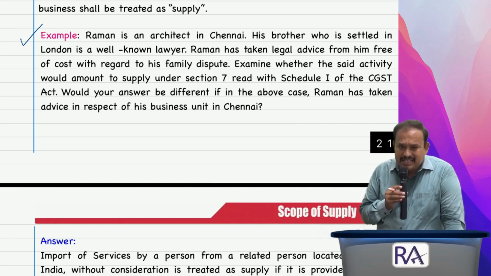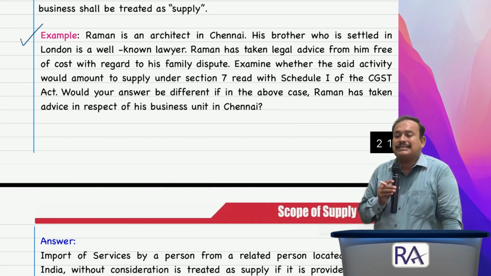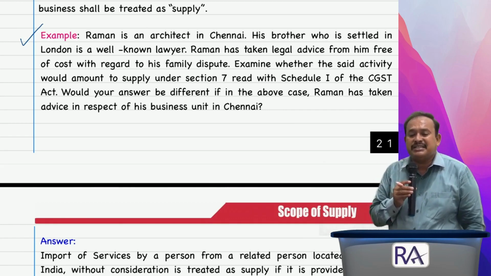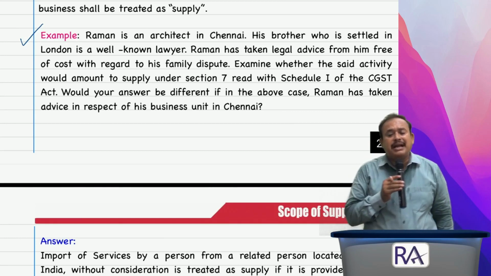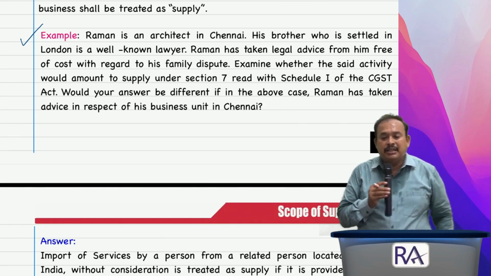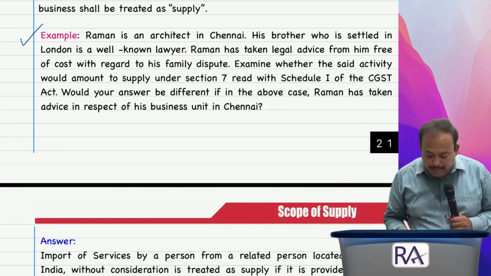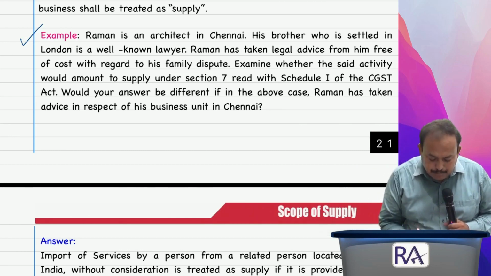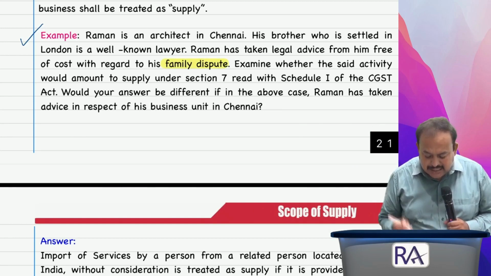Examine whether the said activity would amount to supply under section 7 read with Schedule 1 of the CGST Act. Would your answer be different if, in the above case, Raman has taken advice in respect of his business unit in Chennai? So the first one is a family dispute, meaning personal purpose imported services. Second is business purpose imported services.